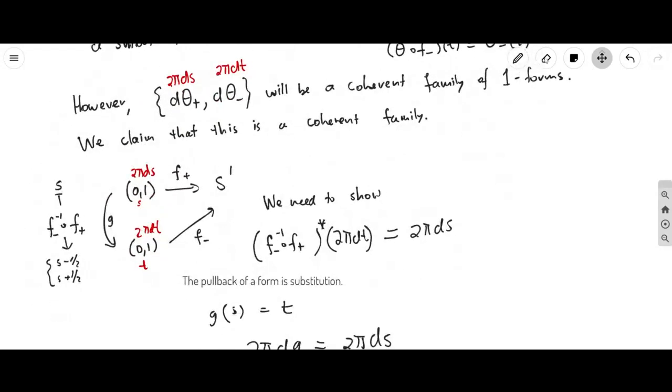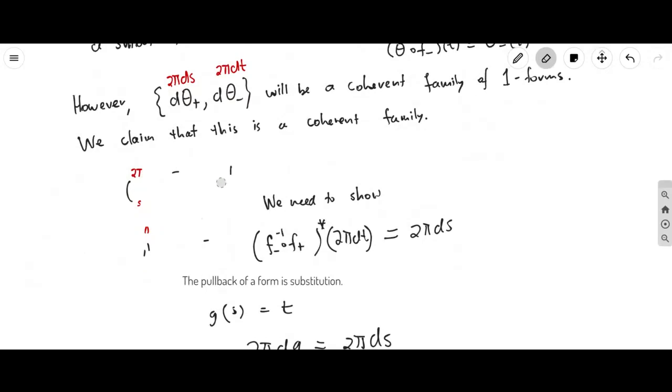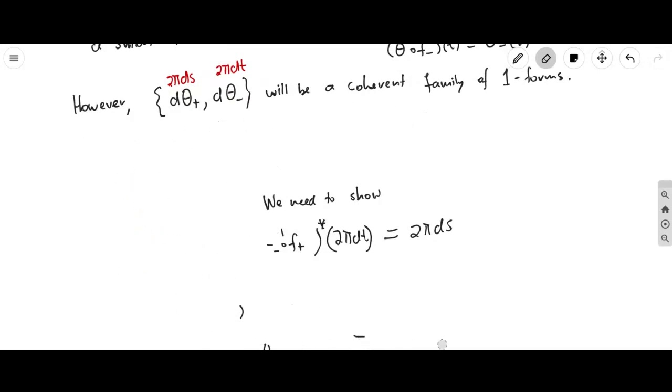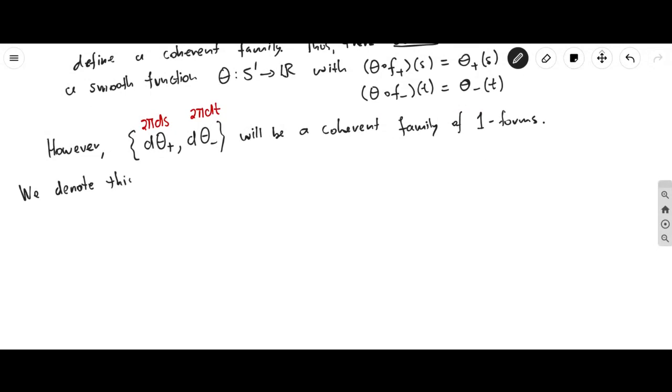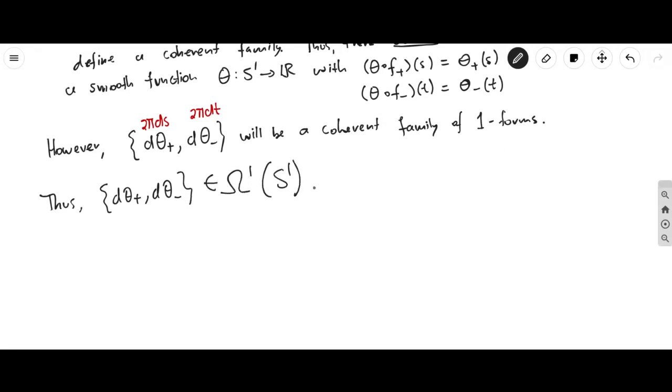So what does this mean? So this is a coherent family, and we just denote this coherent family. So here's something interesting. Thus, we would say that d theta plus, d theta minus is an element of one forms on the circle.